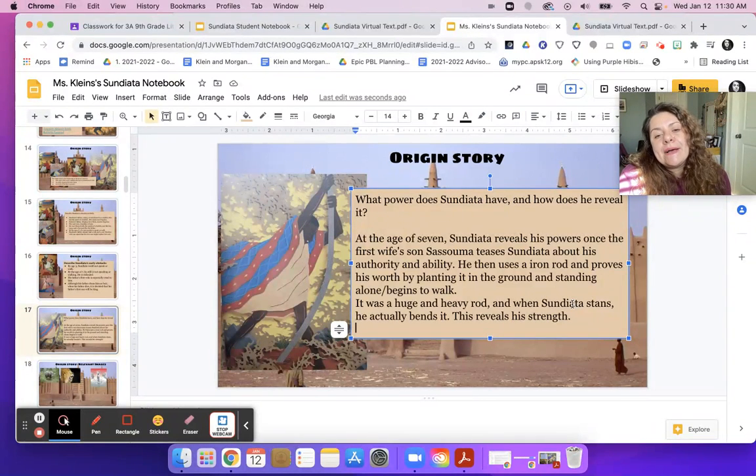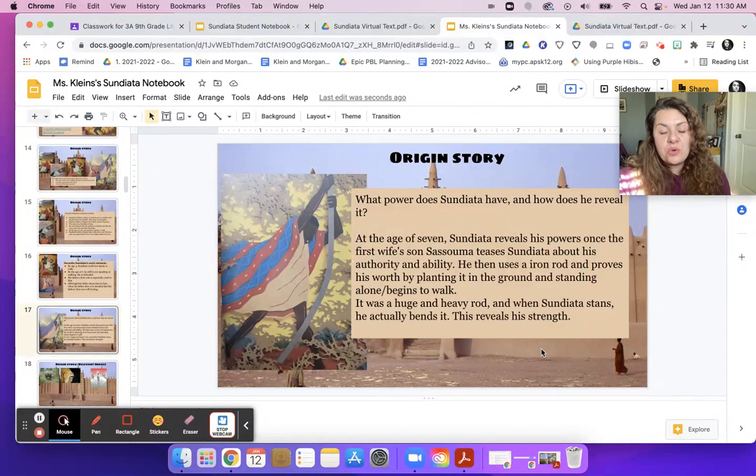Now, this might not sound super impressive in this version of the story, but the way it's usually told, this was a huge rod so big that one man could not carry it on his own. Sunjata, however, picks it up by himself and uses it to pull himself up. And he's so strong in pulling himself up, he bends this rod. So when he finally stands, he has great strength.